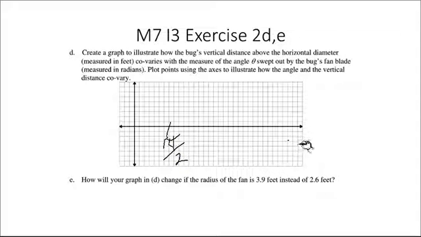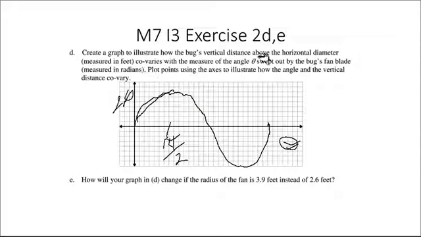That's a pi over 2 change in theta. We're going to increase from 0 feet above the horizontal diameter to our maximum height of 2.6, and hopefully give you the intuition behind why our curve has this smoothness to it versus, say, something that looks like this or this.